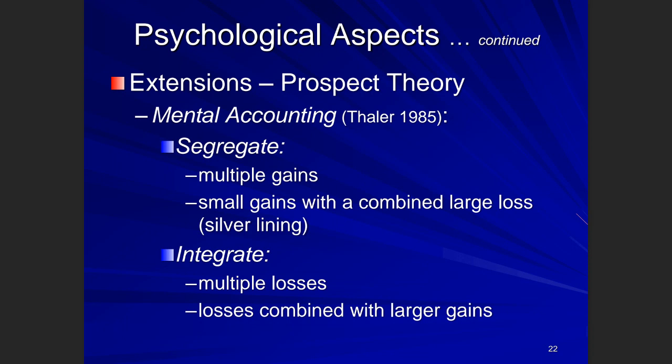Well, the way to approach that is to integrate those multiple losses. It is less psychologically painful for the consumer to hurt once big than to hurt small a bunch of times. So that's what the research shows, and that's what we typically want to do.